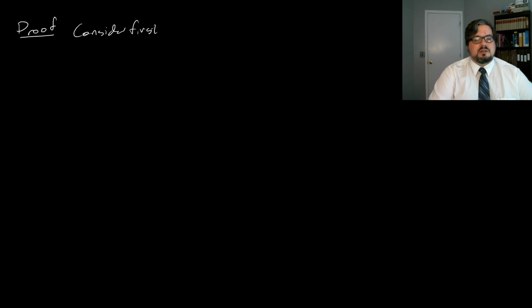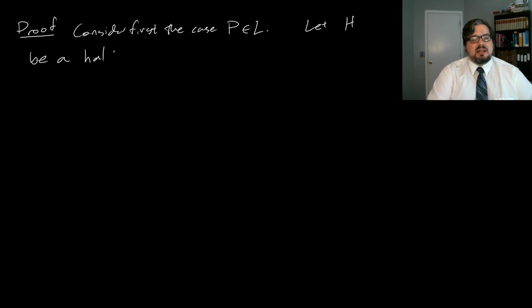So we're going to separate this into two cases. We're going to consider first the case that P belongs to L, that P actually lies on the line, and next the case when P doesn't lie on L. So consider first the case P belongs to L. Let H be a half plane of E with L as an edge.